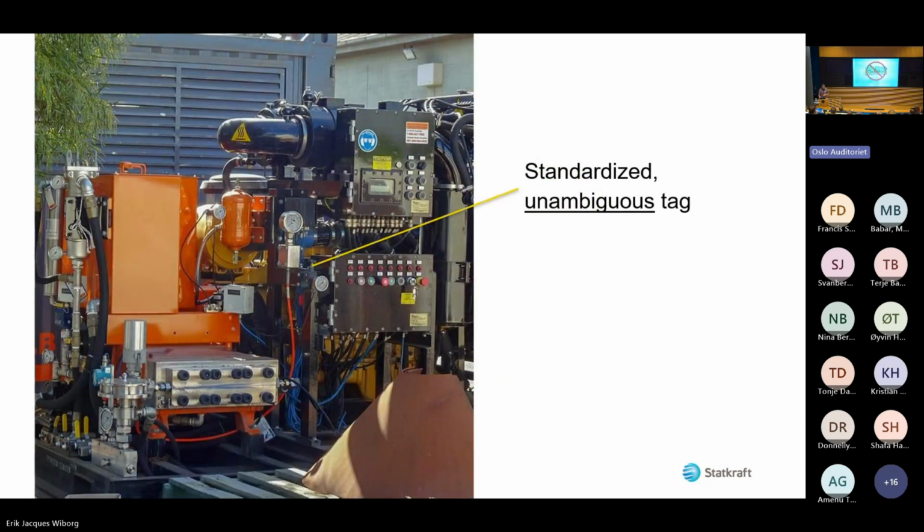You can be absolutely unambiguous, and you can standardize your tag even if it's the pressure sensor of the piston, of the motor, of the valve, of the bypass system, of the main valve of unit 1. Again, I'm not saying that you should go this deep. You can. Sometimes you need to. Sometimes you must.